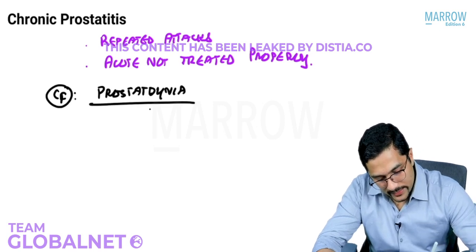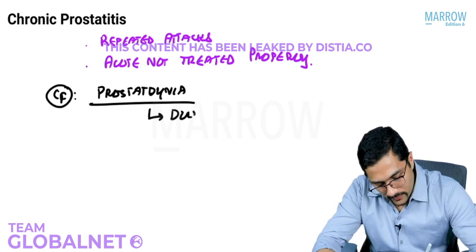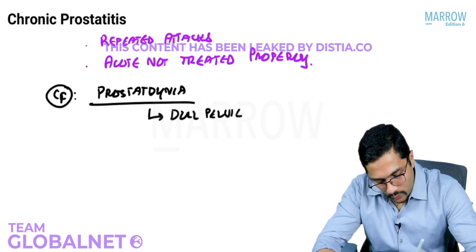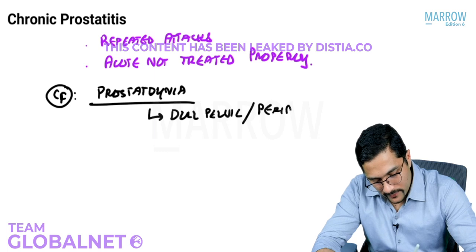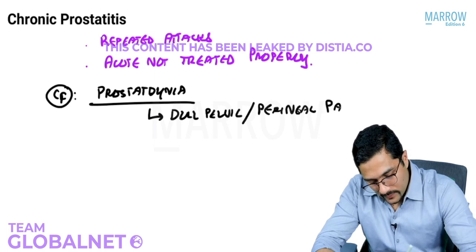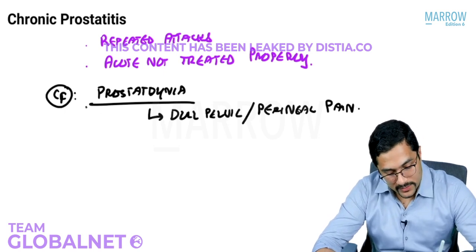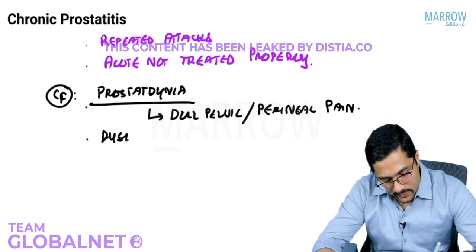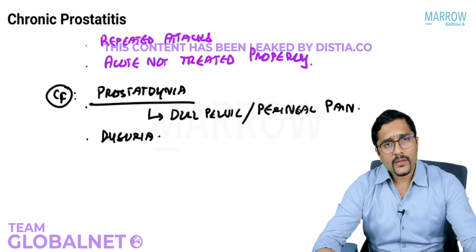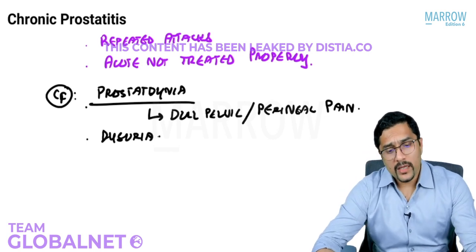Prostatodynia means that there can be dull pelvic or perineal pain with which the patient can present. There can be dysuria also in some patients. So that is how these patients will come to us.